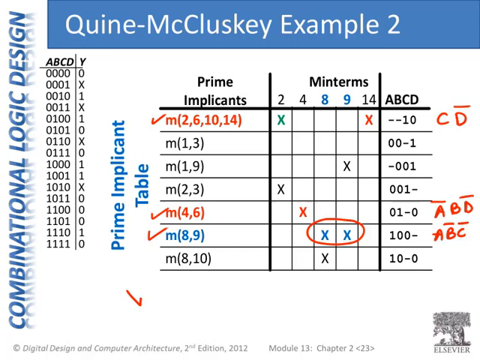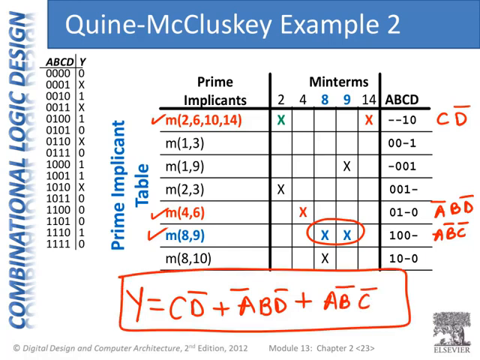And now we OR those terms together. Y equals C and D bar, or A bar, B, D bar, or A, B bar, C bar. And none of the other implicants are included in our equation.